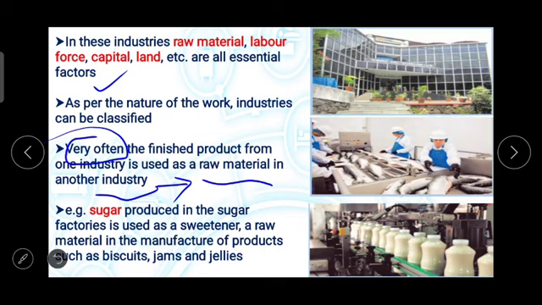For example, sugar produced in the sugar factories which is a final product, but it is used as sweetener or a raw material in the manufacture of products such as biscuits, jams and jellies. Not only this, iron rods which are used as raw materials in the engineering industries, in the manufacture of steel, furniture, etc. So these are the final products, but again can be used as raw material.